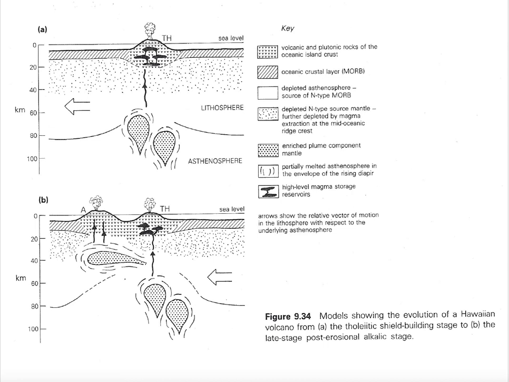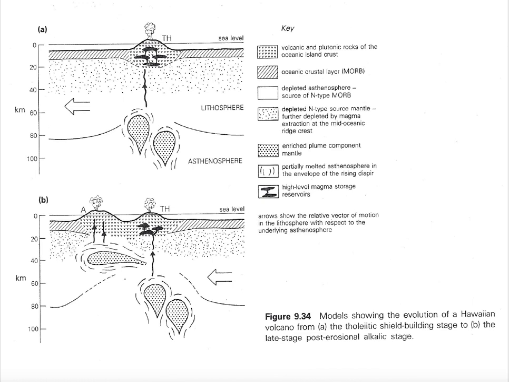So if we are now looking at the youngest volcanic rocks at the Hawaiian islands, they are tholeiitic in composition, and the old ones are alkalic.